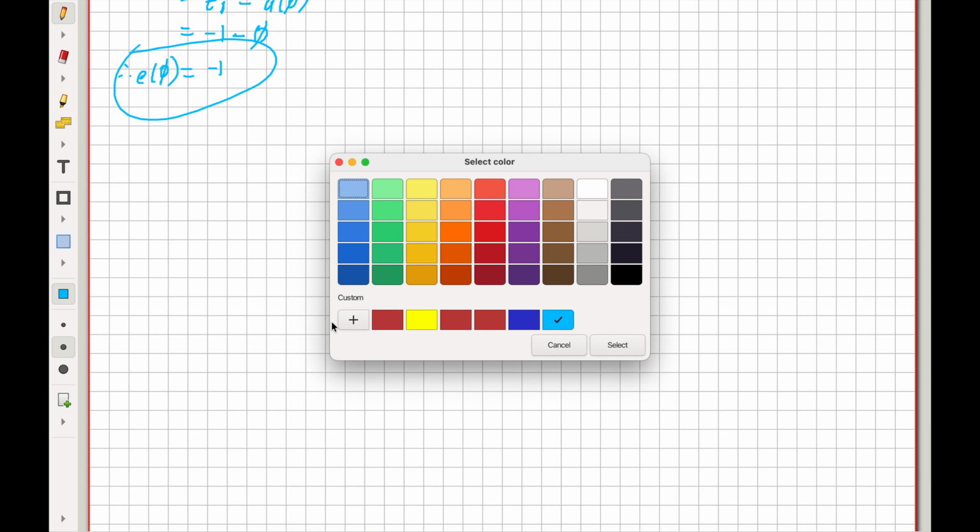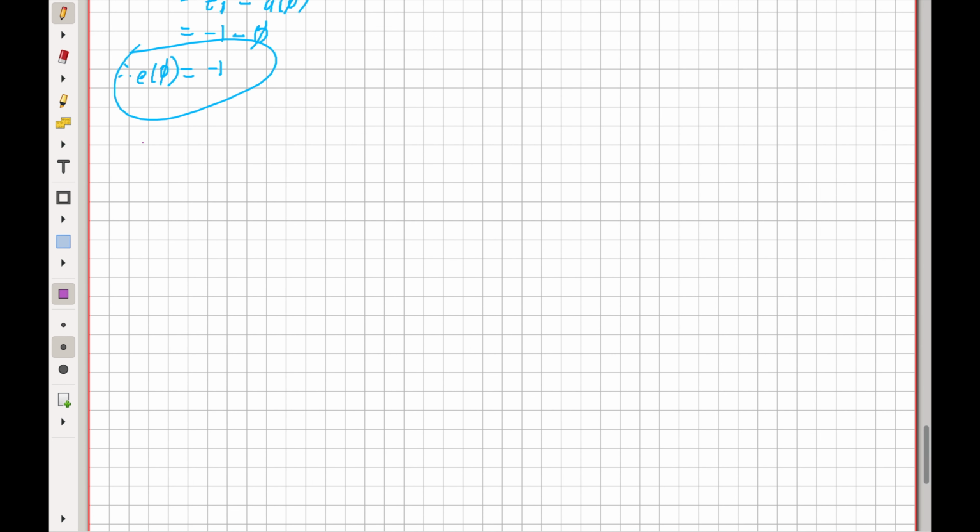So for the next iteration, let's change the colors a little bit. We have W1, which is going to be equal to, remember that these are the new weights and these are the old weights, W0 plus 2 alpha E0 P transpose 0.